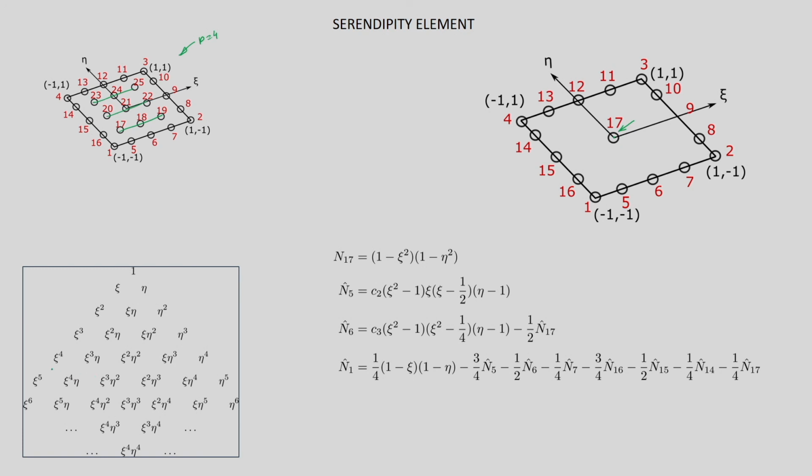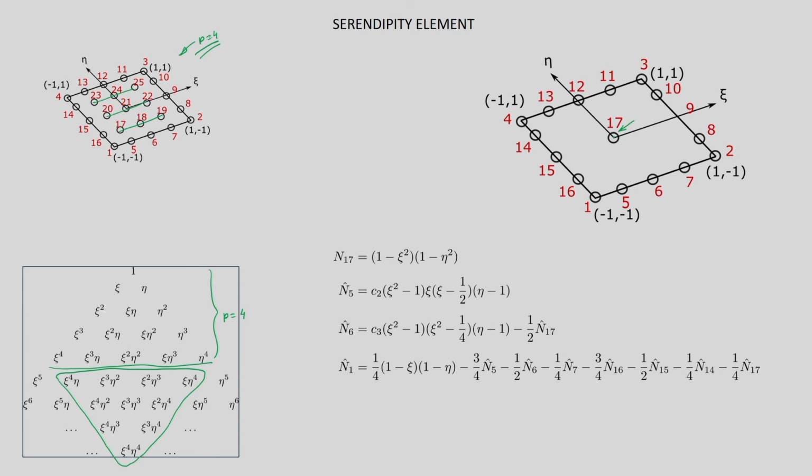Now for p equal to 4 we had this many terms as required by the completeness condition. In addition to that we had 10 more terms, corresponding to p equal to 4.